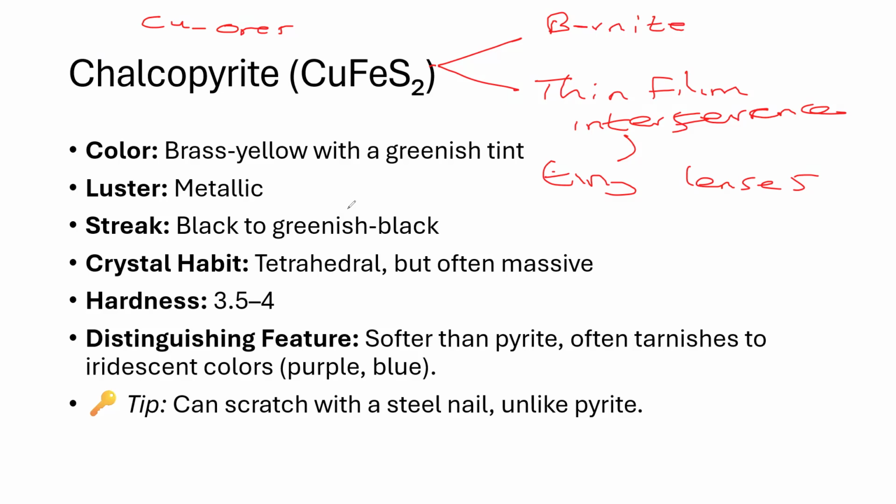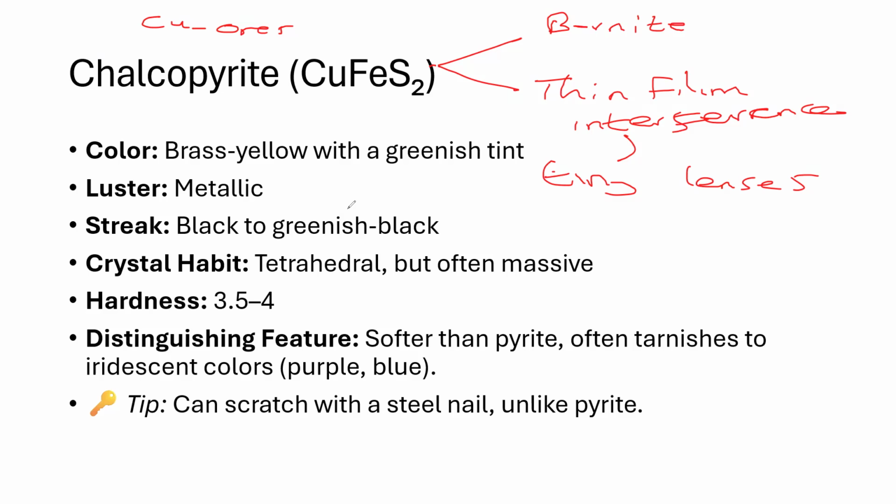That process produces a vivid iridescent color, like blue, purple, and green. That's what you call play of colors. You're gonna see that in chalcopyrite and more in bornite. That's why bornite is what you call a peacock ore.